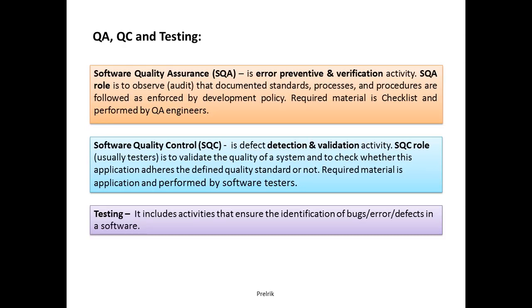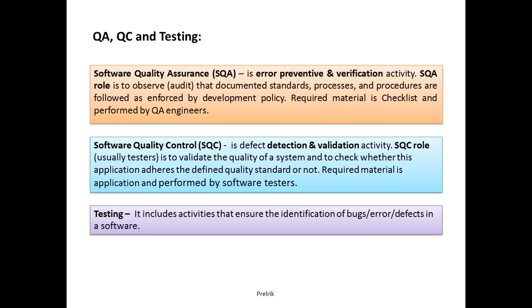Okay, so actually testing is part of QC, and testing includes activities that ensure the identification of bugs, errors, and defects in a software. So what is this? I'll explain it again. What is QA? QA is a verification process during the SDLC phase.